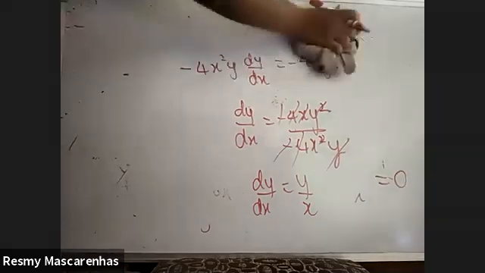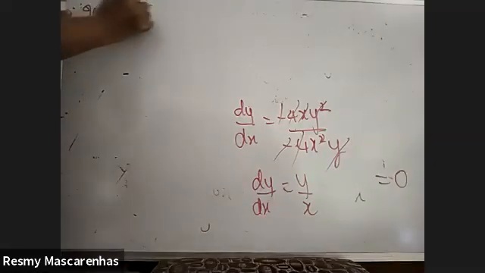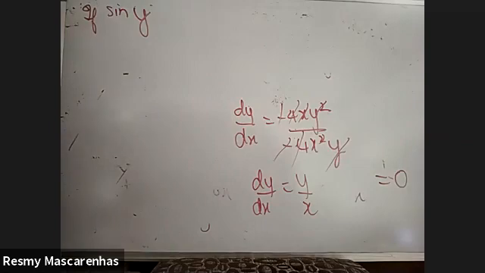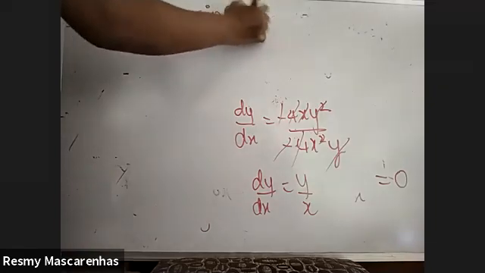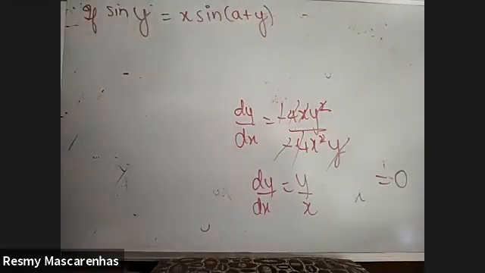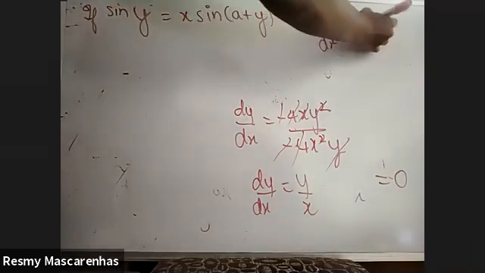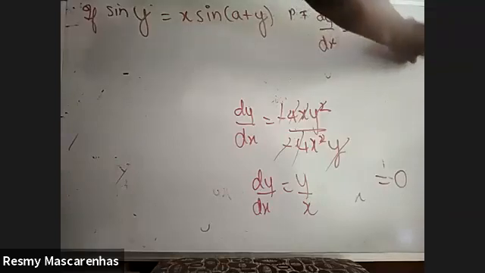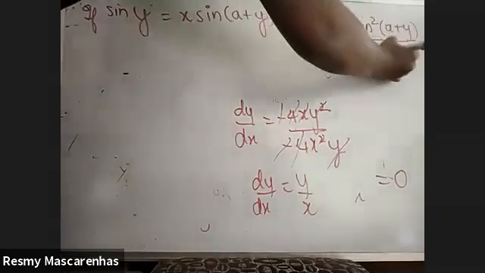Okay, and the last one on the implicit function. This is a slightly different problem. If sine y is equal to x sine of a plus y, prove that dy by dx is equal to sine square a plus y upon sine a.